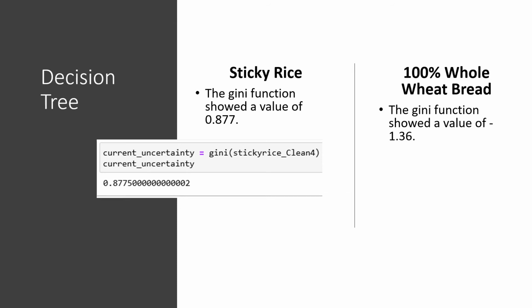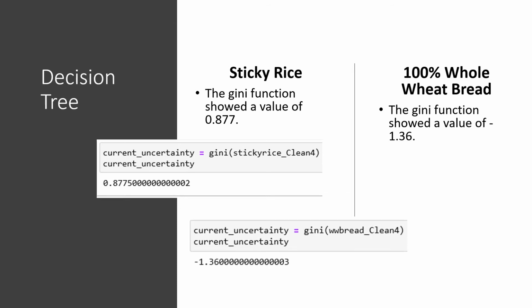Again, unfortunately, the Gini for 100% whole wheat bread is negative at negative 1.36, which proves my machine learning decision tree methods for the whole wheat bread data frame are also ineffective. I'm sadly defeated by the decision tree capabilities. I'm not going to be able to utilize the decision tree features to decide for me which food is healthier.